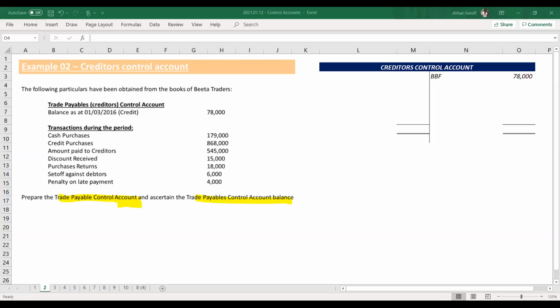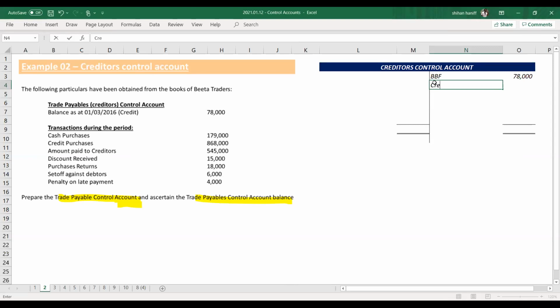Right. So opening balance brought forward is 78,000. Then cash purchases we don't take.